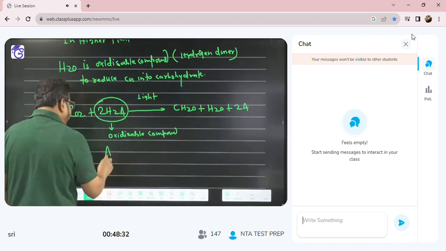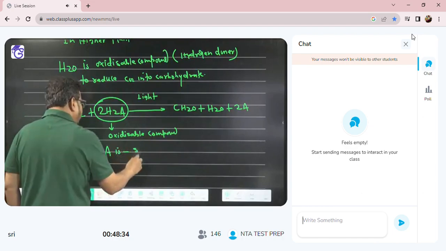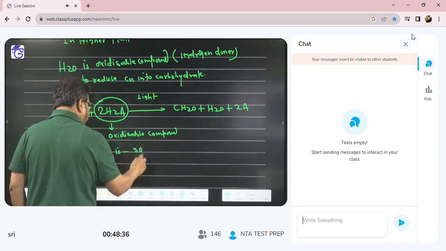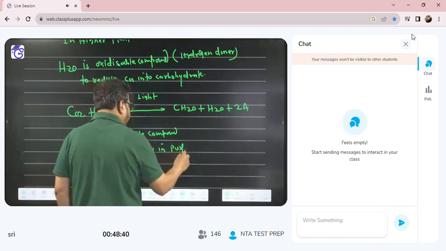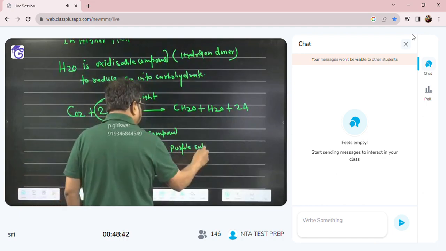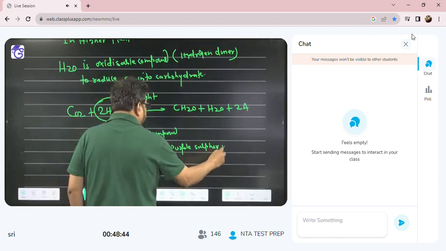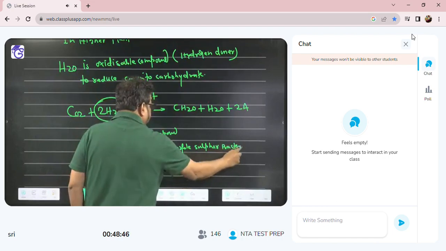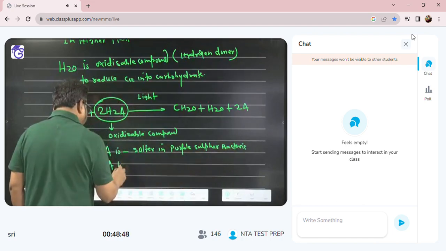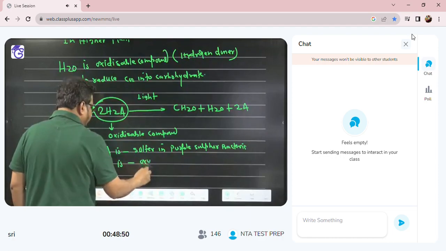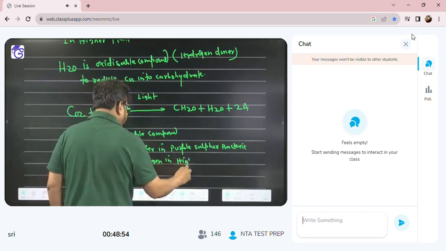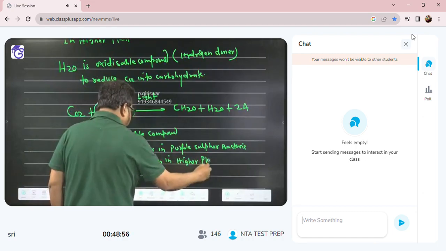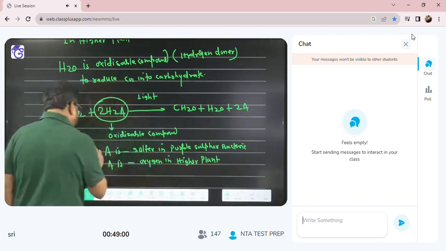So A is sulfur in purple sulfur bacteria, and A is oxygen in higher plant. Are you getting the idea or not?